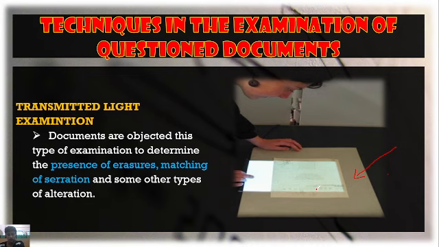So, anong pwede nating makita diyan? Presence of erasures, okay, and of course matching of serration, or with regards to ink thickness, or mechanical defects or deformities that were caused by mechanical erasures, the use of rubber erasers or pointed objects also, and some other types of alterations.